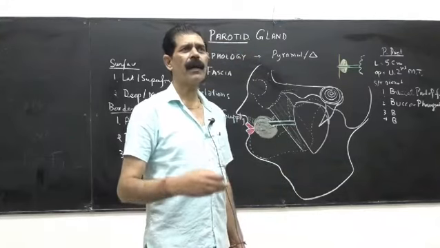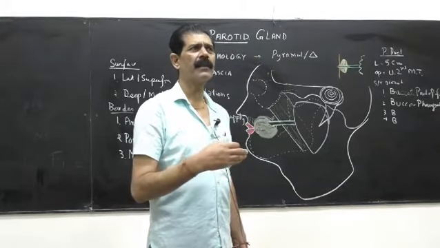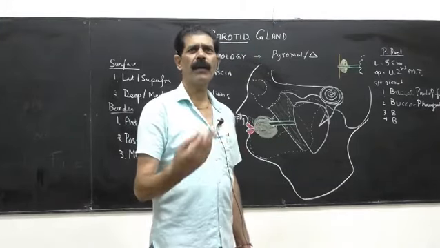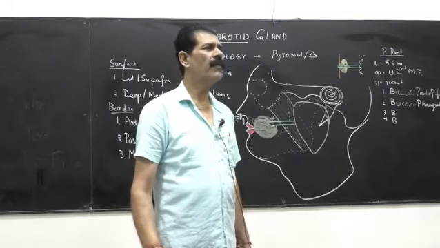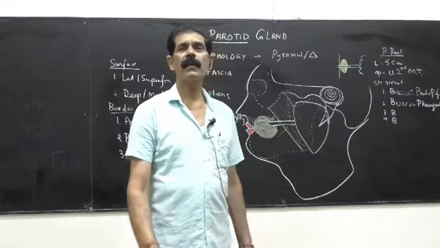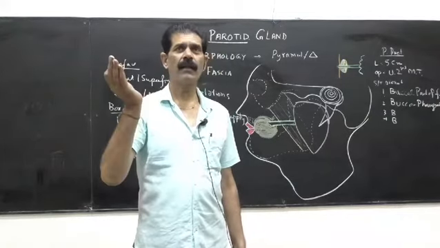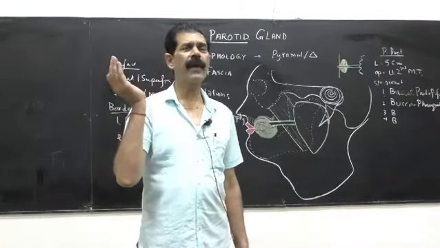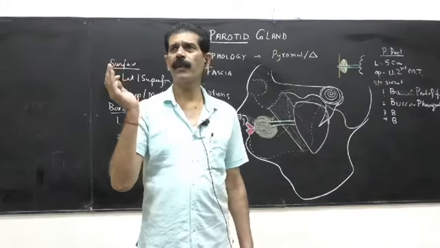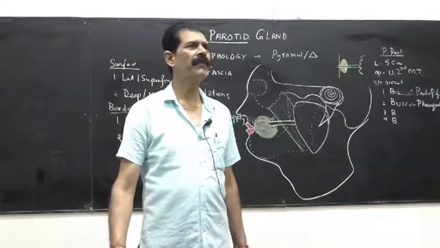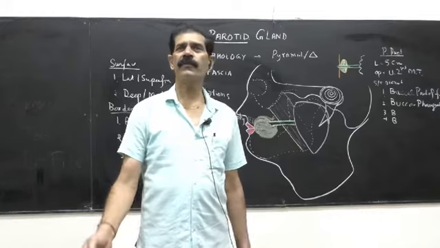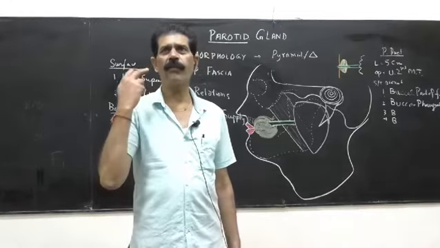From the anterior part of the raphe the buccinator muscle takes origin, and from the posterior part is the origin of the superior constrictor muscle of the pharynx. So there is a common fascia for the buccinator and the superior constrictor. Later on we will do the pharynx. This combined fascia is called the buccopharyngeal fascia.